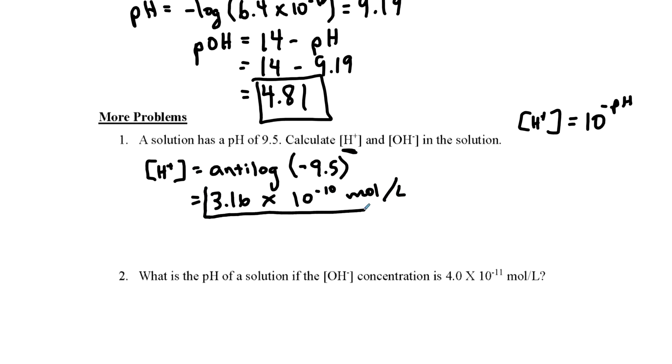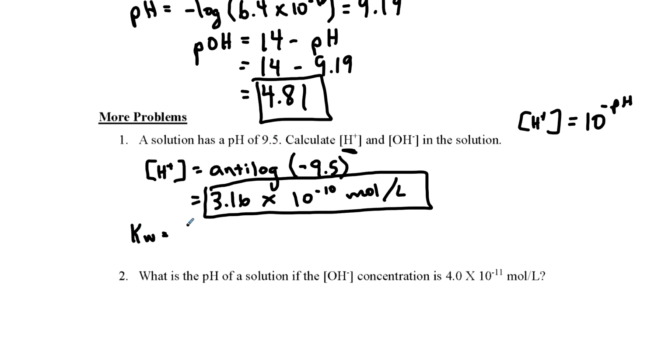Okay, so that's half of what we need to find out. We know the hydrogen ion concentration. We now need to know the hydroxide ion concentration. So if you remember back to our last lesson, if we know hydrogen ion, we can find hydroxide ion using Kw, right?